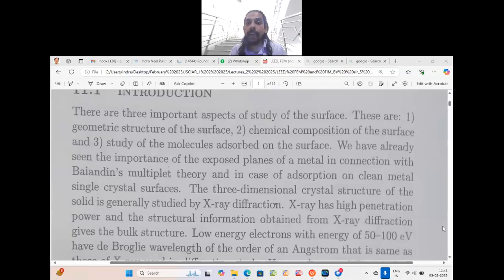This K shell electron is usually ejected, and this ejected electron will travel with a very specific binding energy. You see, my fingerprint is different, and my neighbor's fingerprint is different. No two fingerprints, no two thumb impressions are the same.